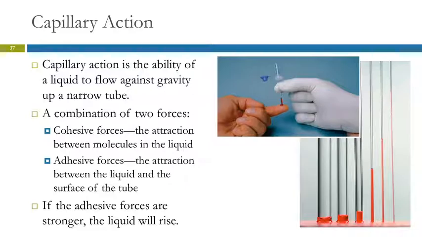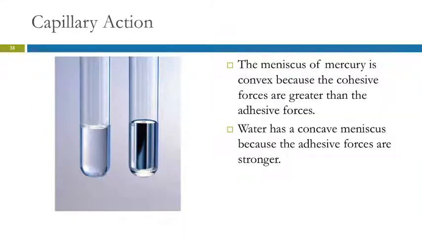Capillary action is also the reason that we see a meniscus when we look at the volume of an aqueous solution in a burette or a graduated cylinder. The meniscus, it rises up at the sides. I think we've got a picture. Yeah. So here we have a meniscus. It rises up because water has stronger adhesive forces to the glass than it does cohesive forces, and so it creeps up.